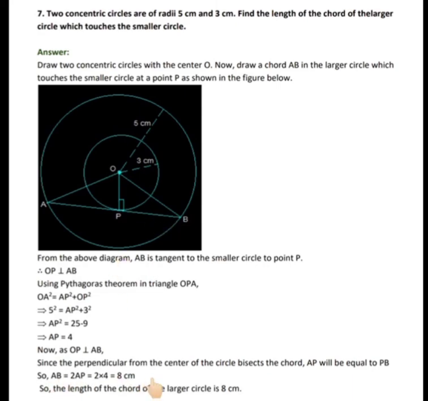It means AP is equal to PB, because AB is getting bisected by OP at point P. It means AB is equal to AP plus PB, or you can say AB is equal to 2 times AP. So AB is equal to 2 into 4, which is 8 centimeter. So the length of the chord of the larger circle, which is tangent to the smaller circle, is 8 centimeter.